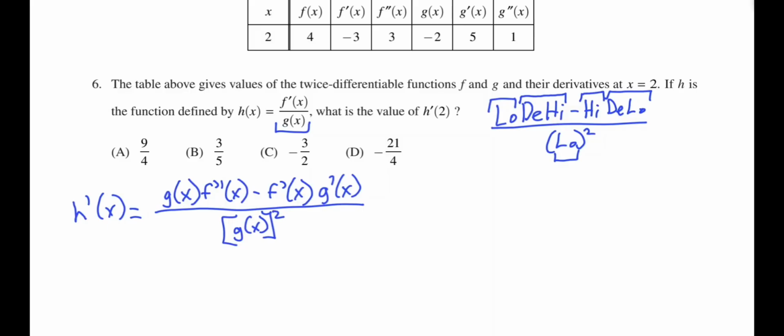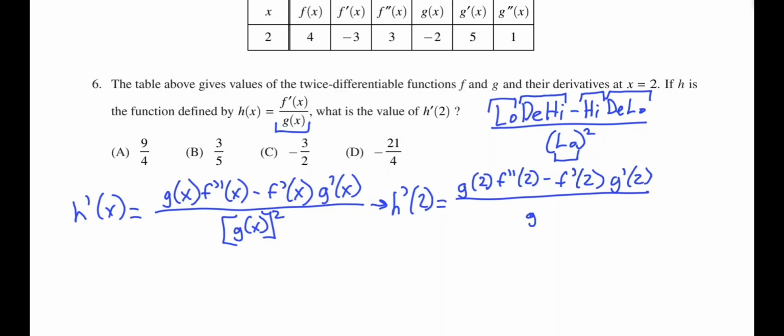And now if we want to obtain the value for h prime of 2, let's plug in 2 for every value of x. All right, so h prime of 2 would be simply g of 2 times f double prime at 2, then minus f prime at 2 times g prime at 2, over, at the bottom, we have g of 2, and that entire quantity being squared.